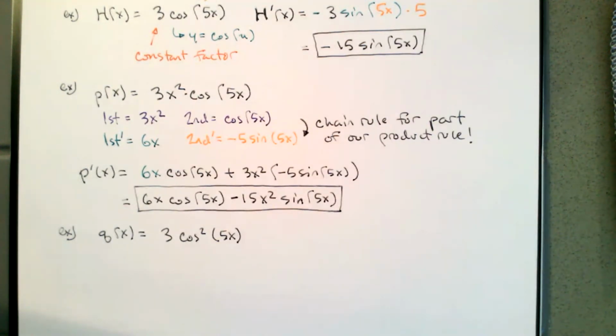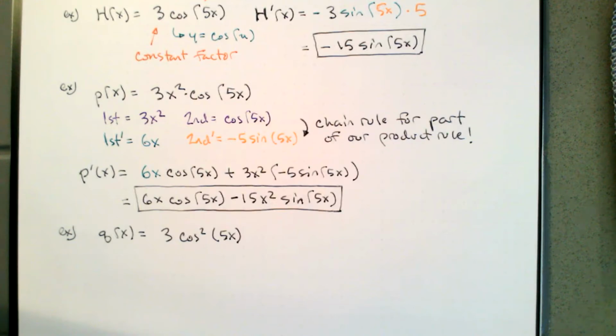So once again, this is a reading exercise. We got to know what we mean when we write cosine squared of 5x. When we write the exponent after the cosine and before the argument of cosine, what we mean is find the cosine of 5x and then square the result.